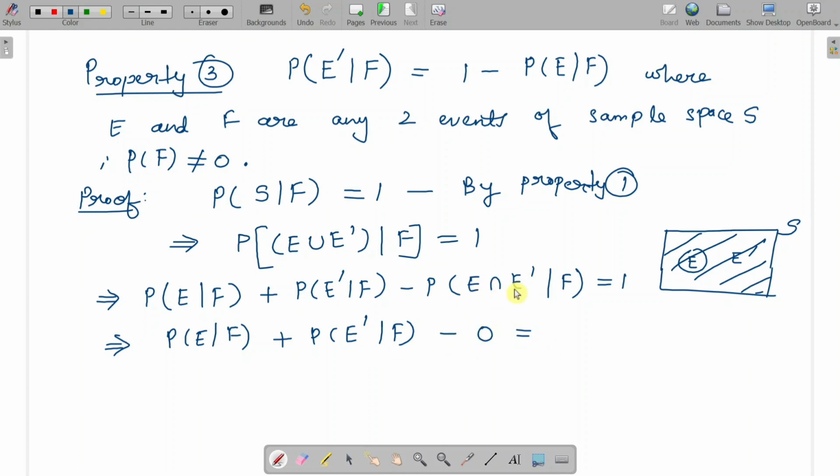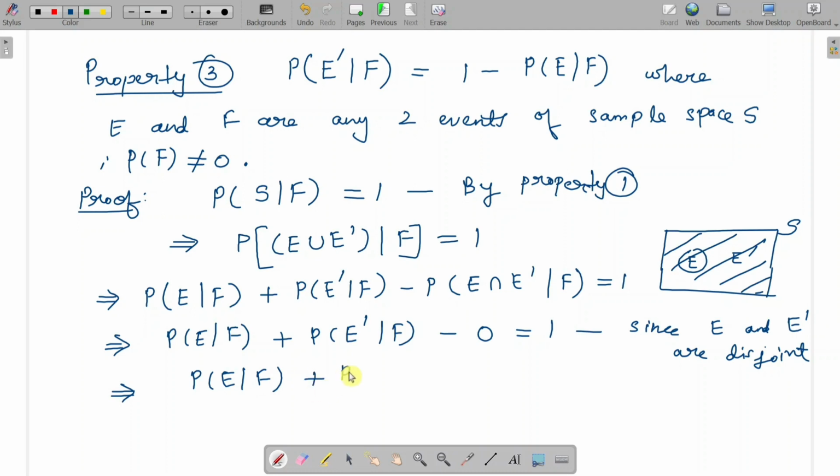Because E and E prime are disjoint. So this implies probability of E such that F has already occurred plus probability of E complement such that F has occurred is equal to 1, right?